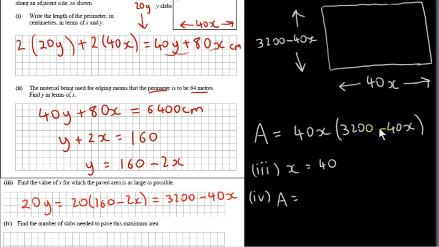So we just plug 40 into this expression. So for x, we write 40. In here we have 3,200 minus 40 times x, so we plug 40 in for x.